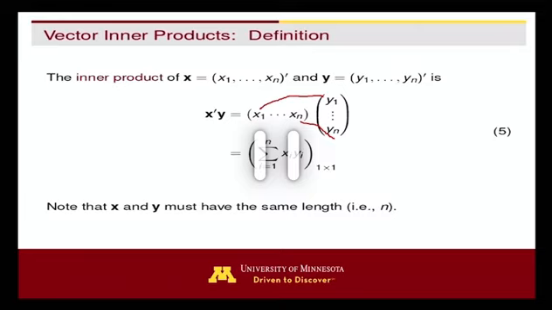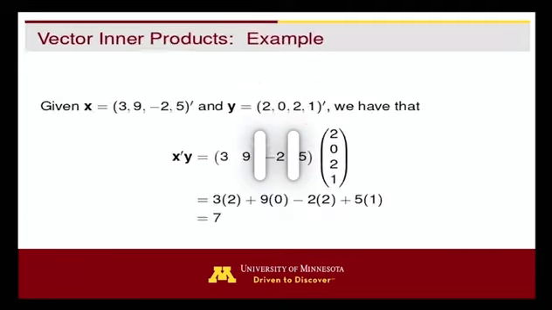And if you want to do that, there's going to be a condition: they must be the same length. If they are not the same length, that multiplication is not going to be defined.